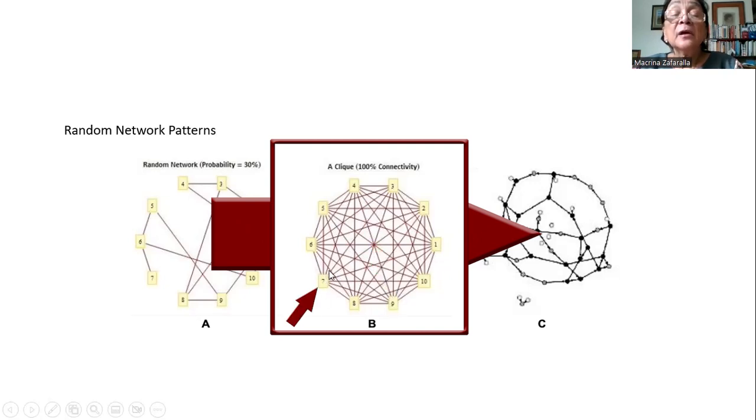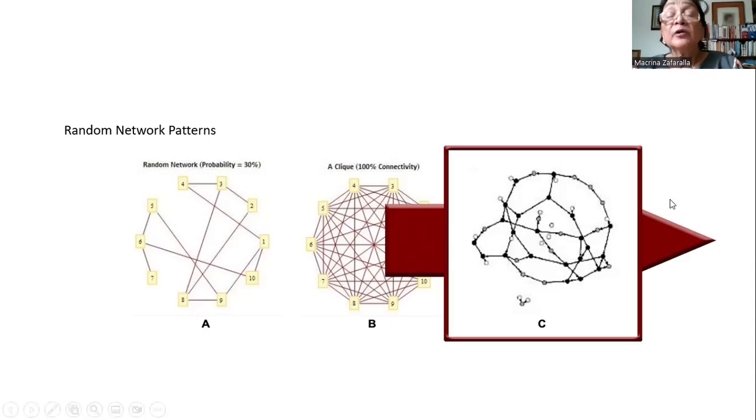This node here has another connection right there. So each of them have their own connections to each other. And this type of a random network pattern describes a clique.